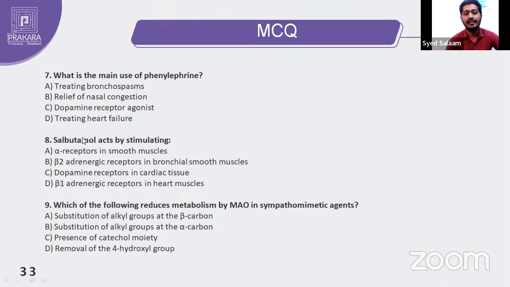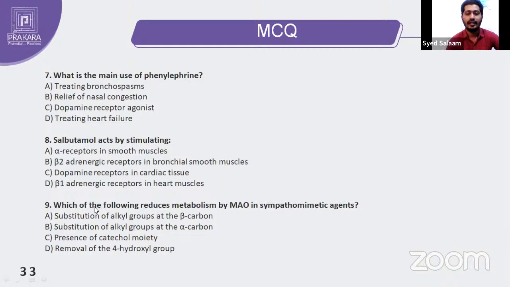Next, a question about salbutamol: salbutamol acts by stimulating alpha receptors in smooth muscles, beta 2 adrenergic receptors in bronchial smooth muscles, dopaminergic receptors in cardiac tissue, or beta 1 adrenergic receptors in heart muscles.